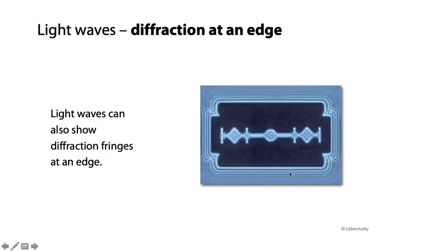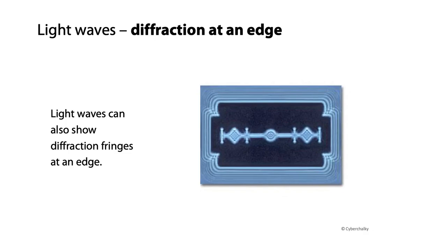Okay, so, before we go, I just wanted to demonstrate that light waves can also show a diffraction pattern at the edge of an object, not just through a slit. And here you can see that we call these diffraction fringes. So it has to be coherent, monochromatic, single wavelength light, otherwise it gets confused and messy.